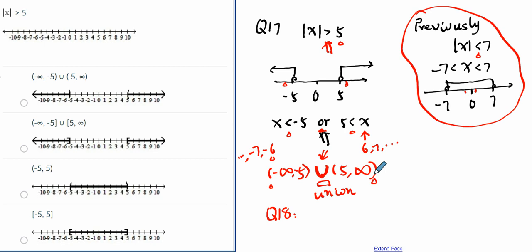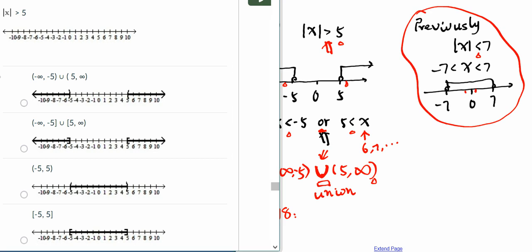We do not want to go that far. Okay, so that's basically what is our choice here. That should be the first choice: negative infinity to -5, and then 5 to positive infinity.